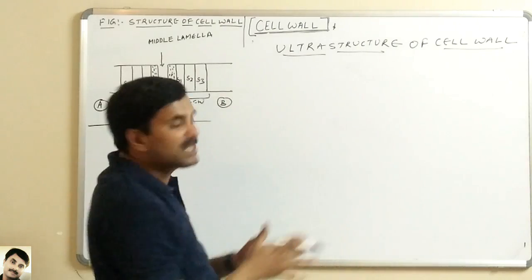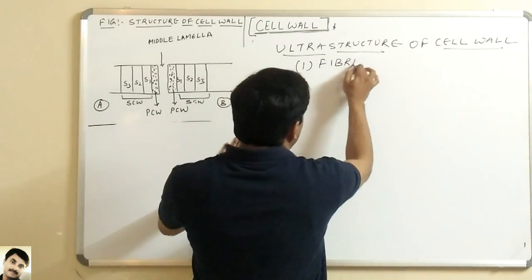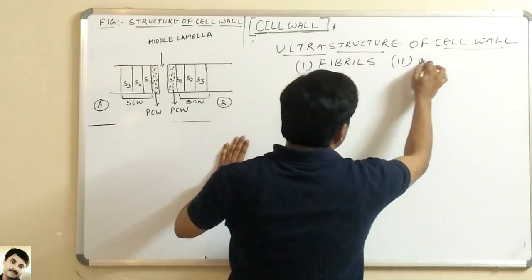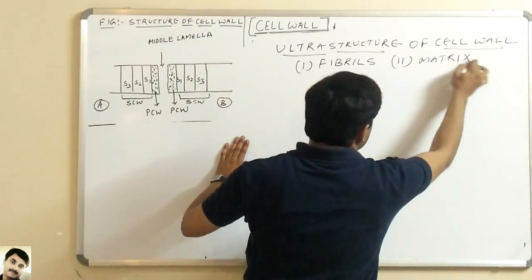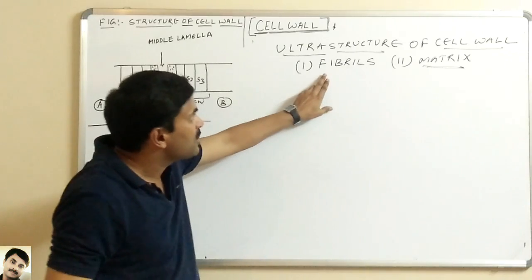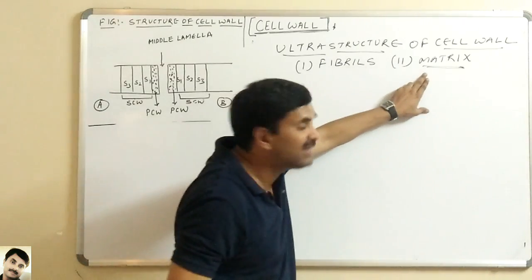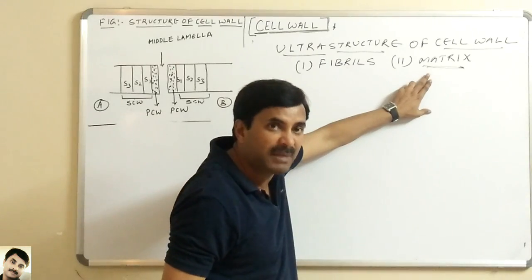If we look at the ultrastructure of the cell wall, it is composed of two things: fibrils, and the second one is known as the matrix. Matrix is the ground substance in which the fibrils are present. A network of fibrils is present in the ground substance known as the matrix.